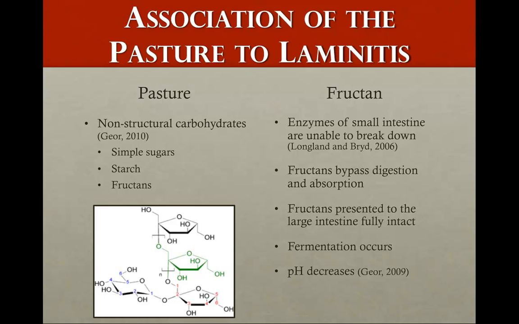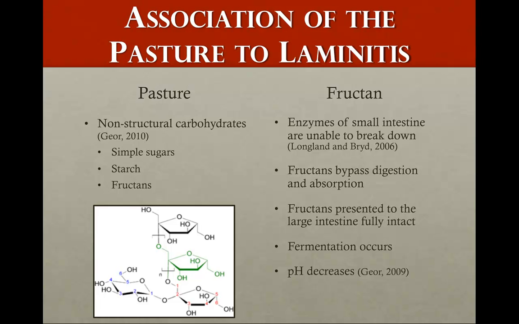Pasture grasses contain a variety of structural and non-structural carbohydrates, as I previously said, but with respect to increasing the risk for laminitis, fructans found within some pasture grasses are the most important here. Fructans are non-structural carbohydrates, molecules with which enzymes within the small intestine are unable to break down.